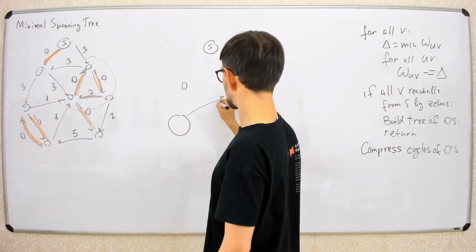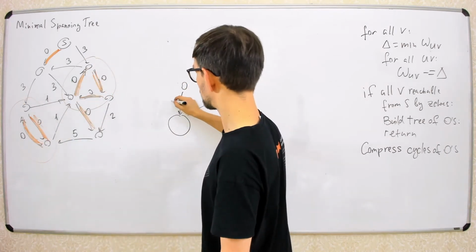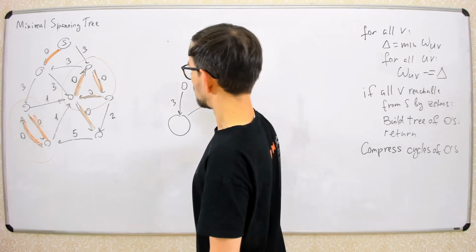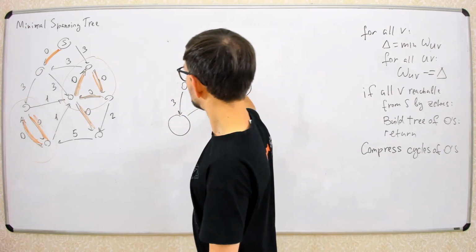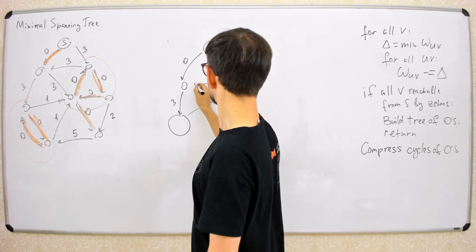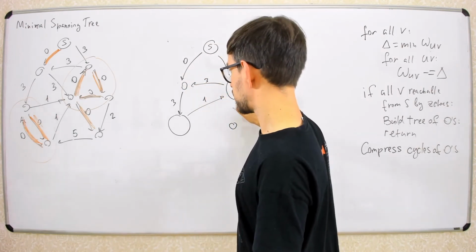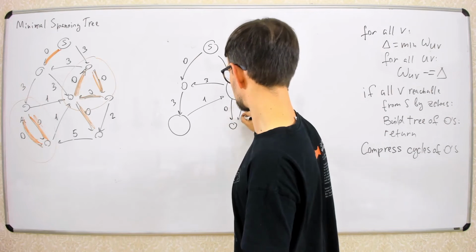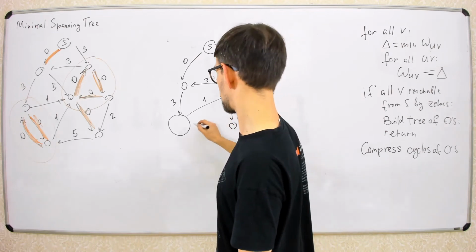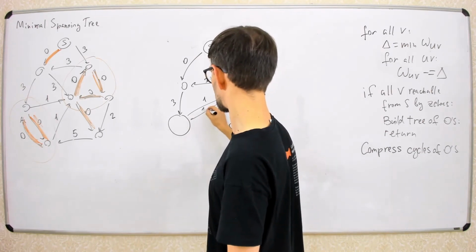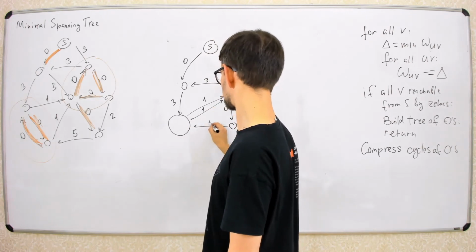So here we have 1, here we have 3. And yes, here we have 0, 3, 3, 0 and 2, and here we have 2 ones actually, and 5.